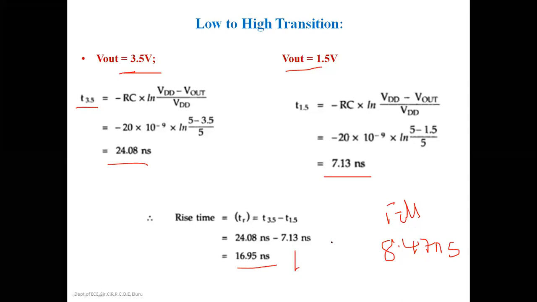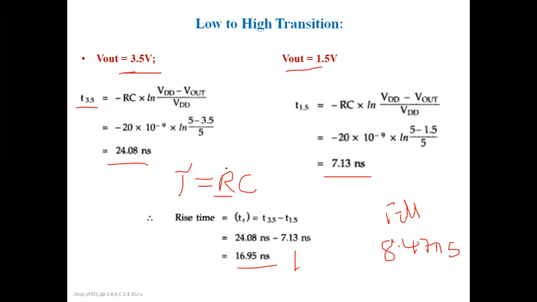The RN value is 100 ohm, the RP value is 200 ohms. So you can observe that the on resistance of the p channel transistor is double that of the n channel. When the p channel transistor has double the resistance of the n channel transistor, what about tau? The time constant is directly proportional to the values of R and C. C is the fixed value, R is the variable here.